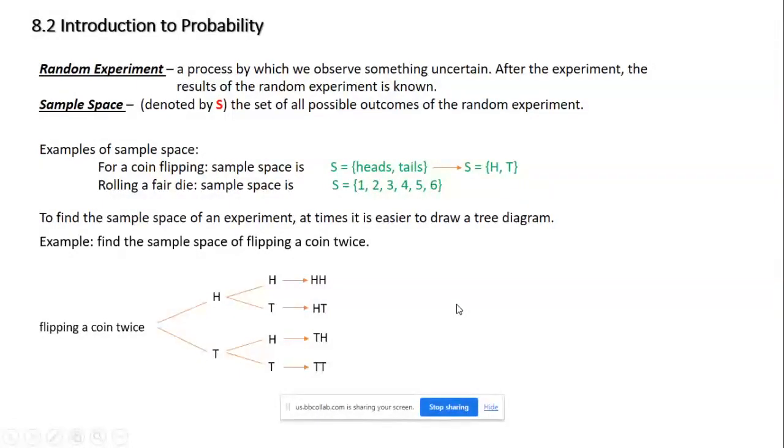So these are the outcomes I can get by flipping my coin twice. And to look at all the possible outcomes, I used a tree. So this is called a tree diagram. My sample space by flipping the coin twice is heads-heads, heads-tails, tails-heads, and tails-tails. So we have four possible outcomes.